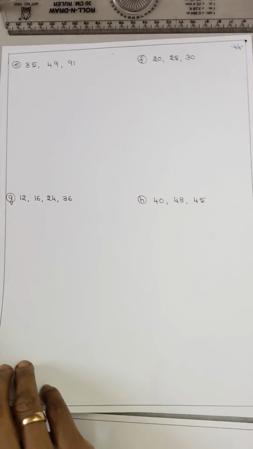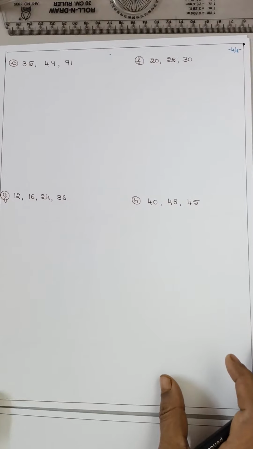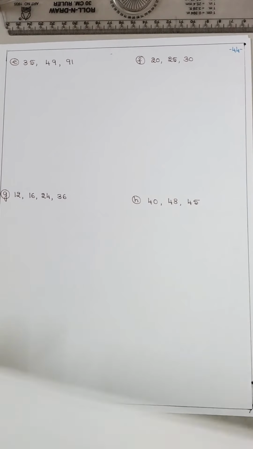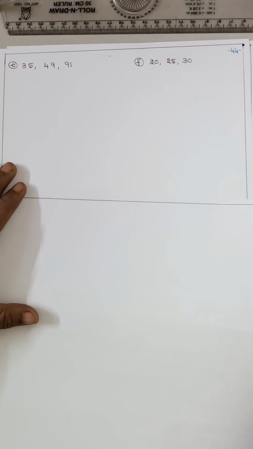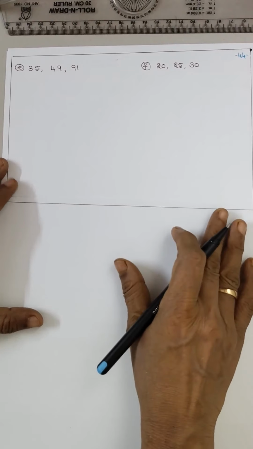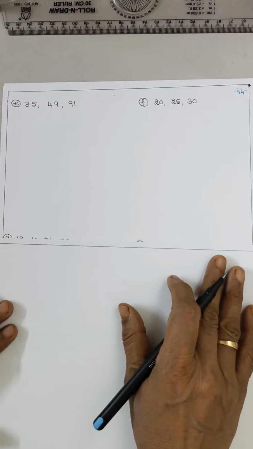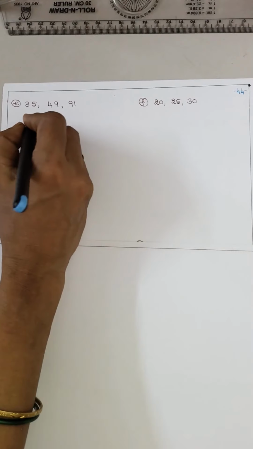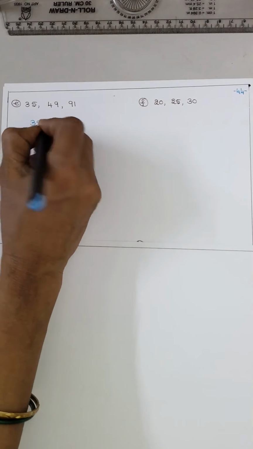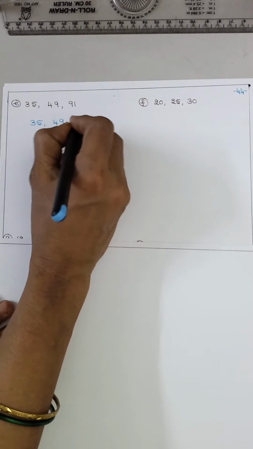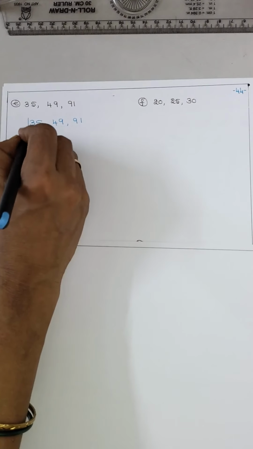Now coming to question number E, same method. Okay, hope you are getting the confidence. The method is easy, isn't it? So 35, 49, 91.